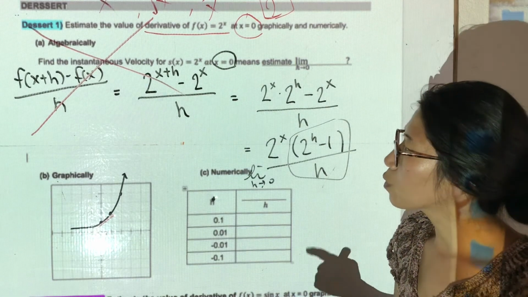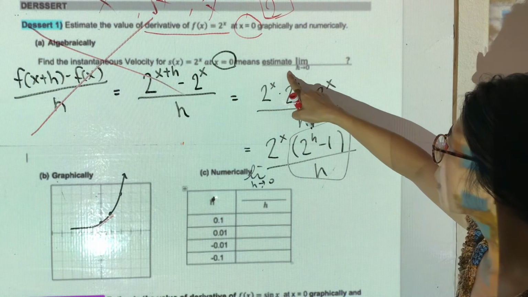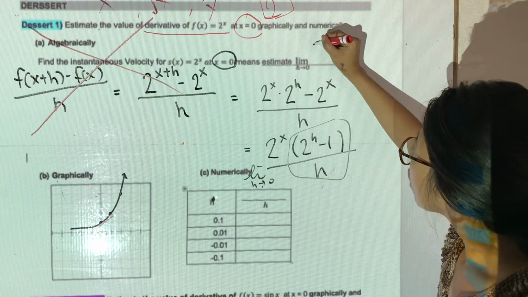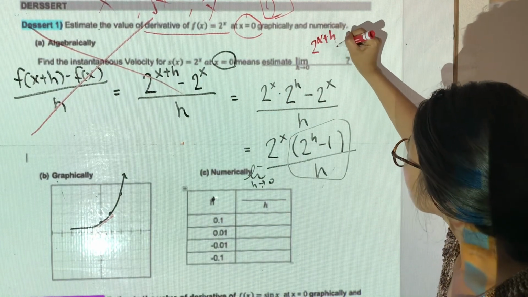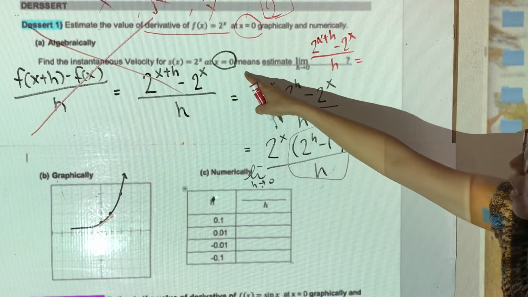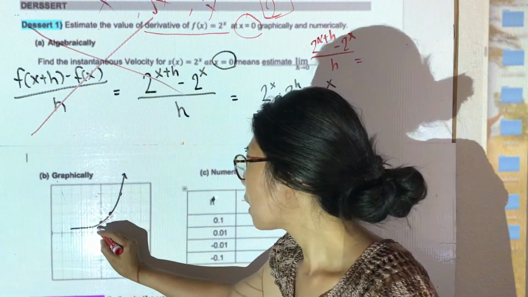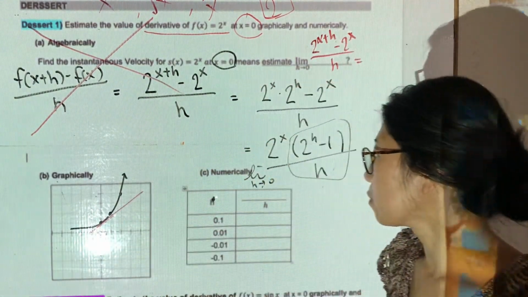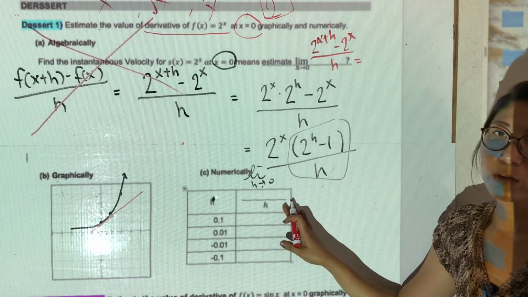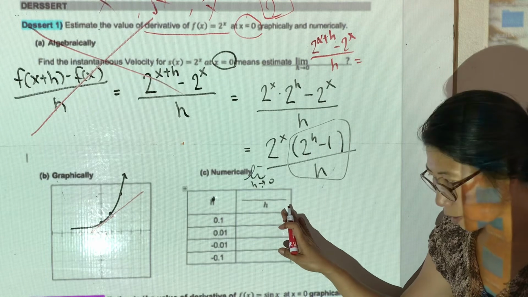So how are we going to find this? We have to keep studying. We want to estimate 2 to the x plus h minus 2 to the x over h. We know that x is 0, so if I want to find it graphically, that's all I can get. The last way we can find the slope is by plugging in numerically.